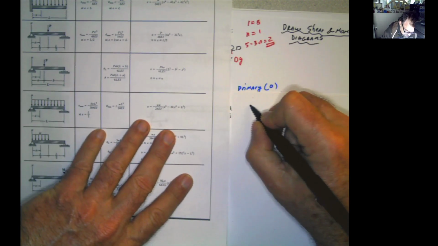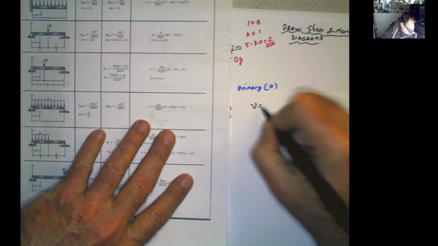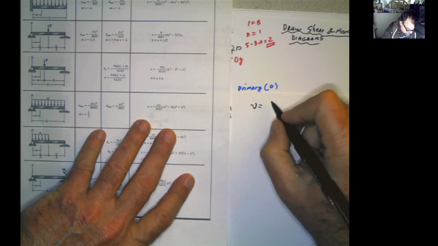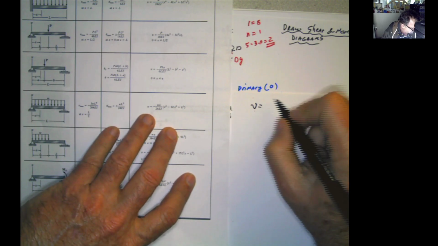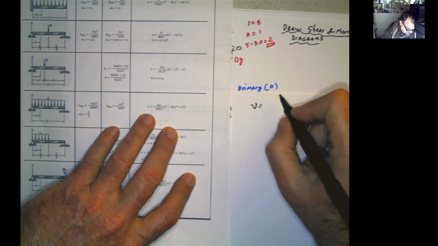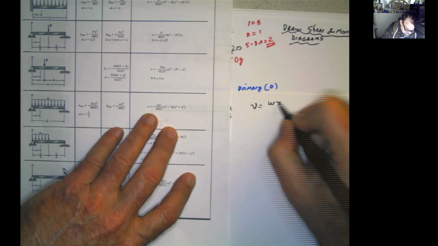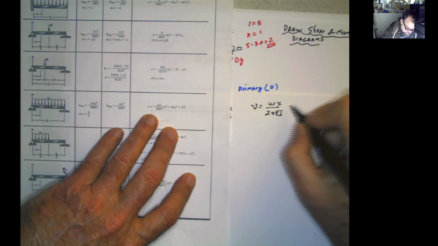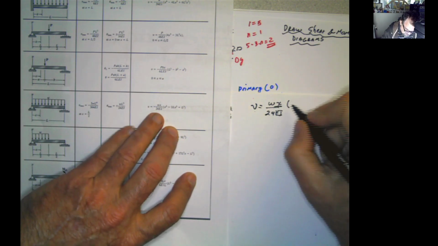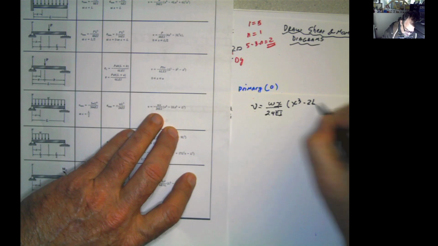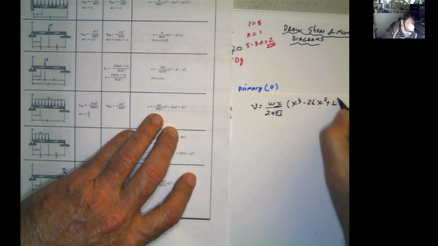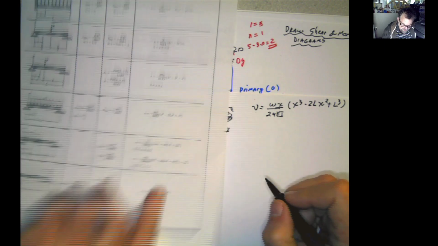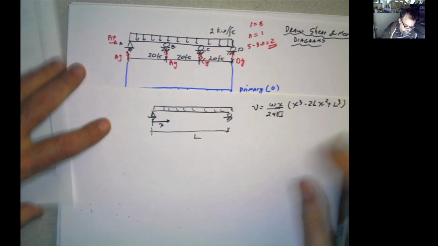The deflection, they call it V, is equal to Wx divided by 24 EI, multiplied by x to the third minus 2L x squared plus L to the third. That's basically the equation.